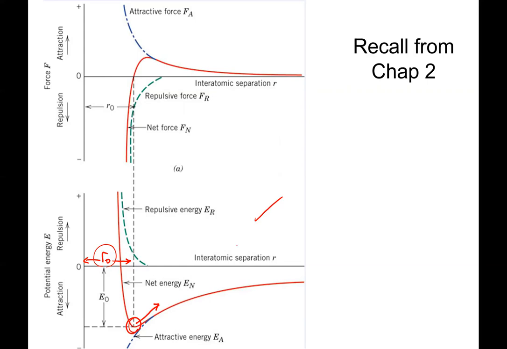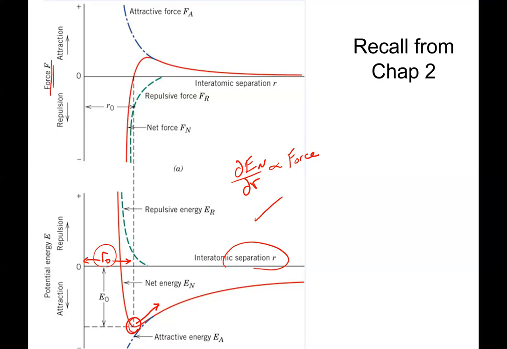So another way to see that is to take the derivative of this energy with respect to the atomic separation R, okay? And this is proportional to a force. And so that's what we have up here on this top curve. We have the force.